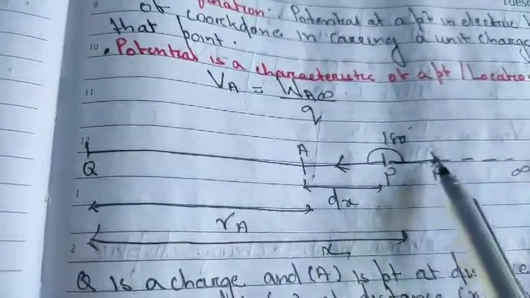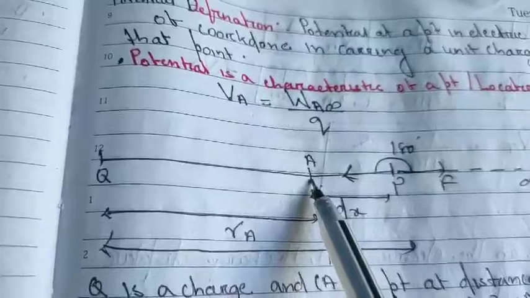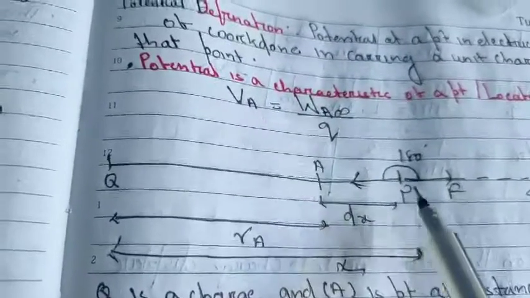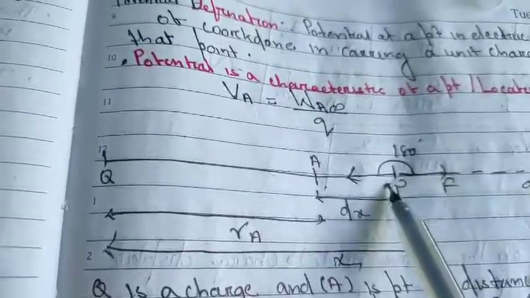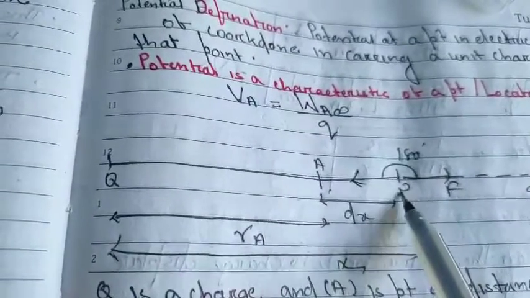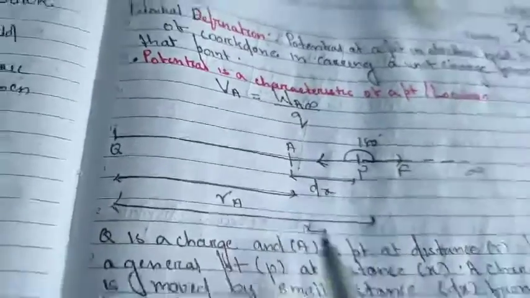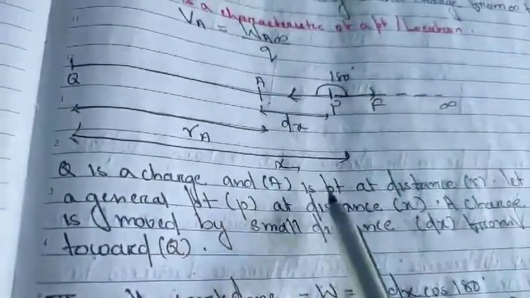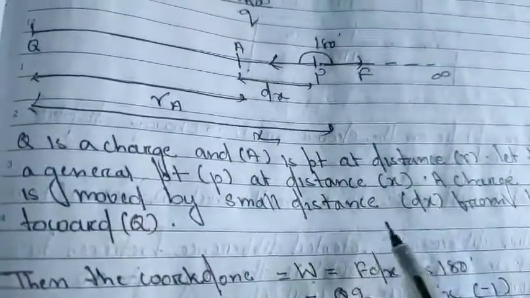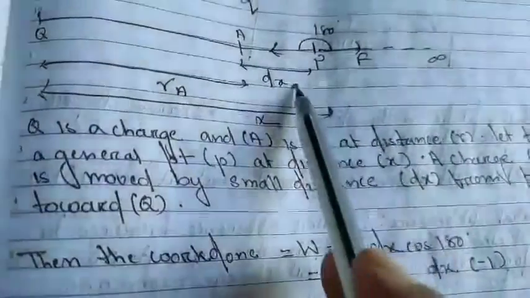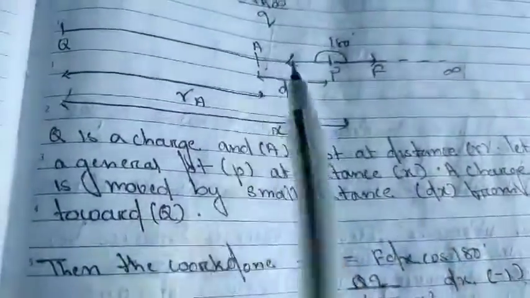So if from infinity we first bring the charge to point P, then from point P you bring it to point A. So how much work is done to bring a charge from point P to point A, that is taken as dx. Now see, Q is the charge, A is the point at distance r. Everything I have written, what I have dictated to you. dx is the position where you have done the work to bring a charge from infinity to a point.